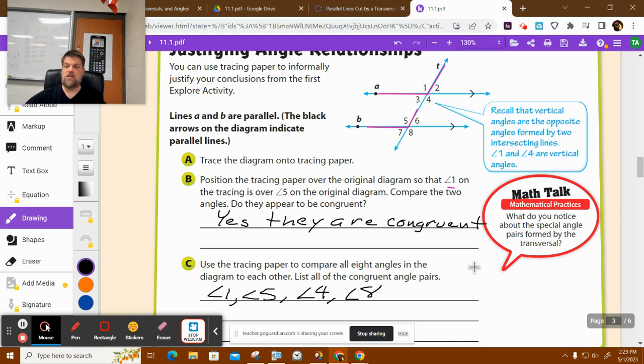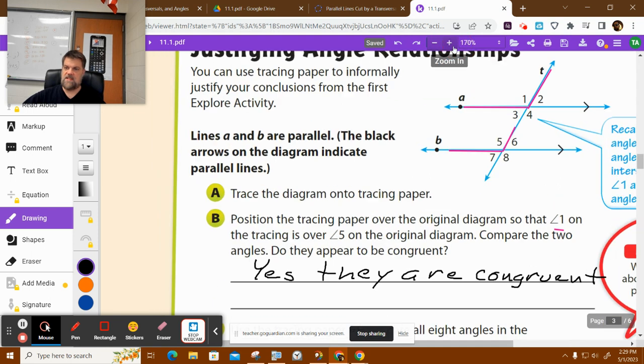Now, what you can do is draw an arc on all those. So if I draw an arc like this and an arc like this, well, I need to zoom in. That's the fancy geometry way of saying that they're congruent.